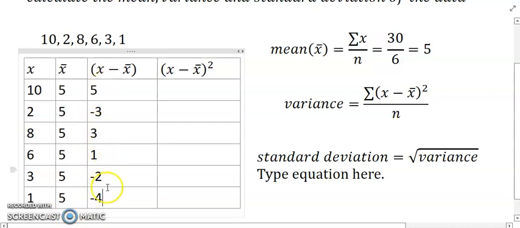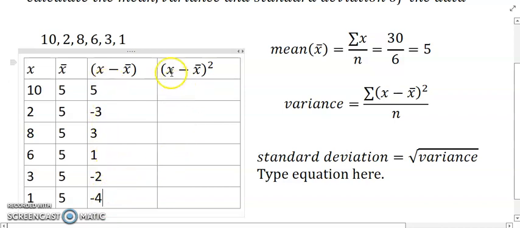Okay guys, to see whether what we did is correct, when we sum up all these values, we should always get 0.